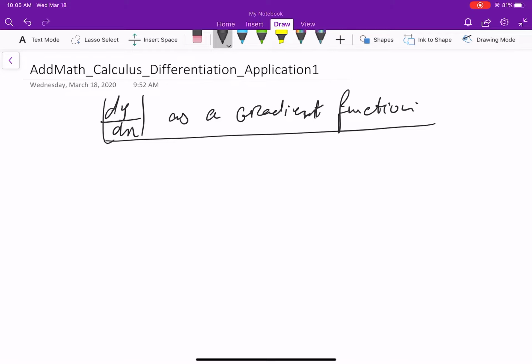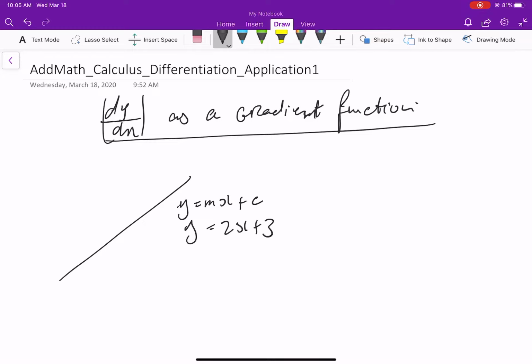If we were to compare, here's a line, and I'm going to give it a standard equation. Let's say y is equal to mx plus c. Specifically, y is equal to, let's say, 2x plus 3. If I were to ask you what the gradient of that line is, you would tell me 2.